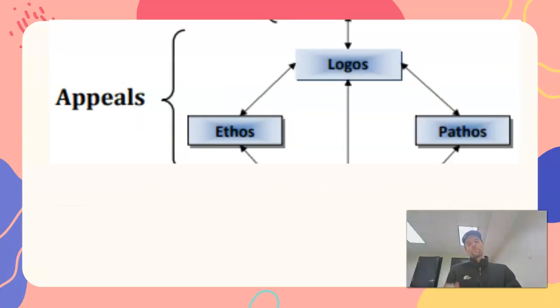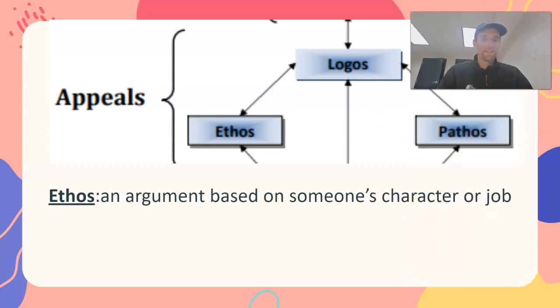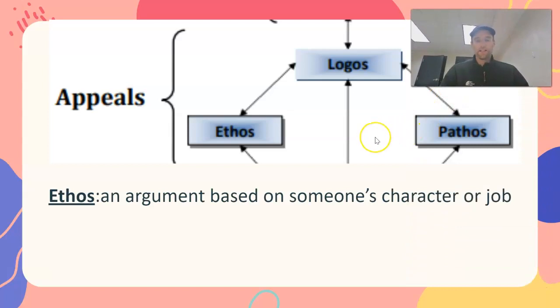Now let's talk about the 3 different types, and you need to write down these definitions and understand what they mean. Ethos would be an argument based on someone's character, like how great of a person they are, or their job, what they do for a living, why they can be trusted about something. That's ethos.